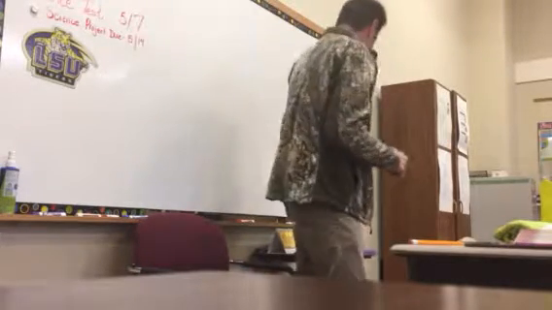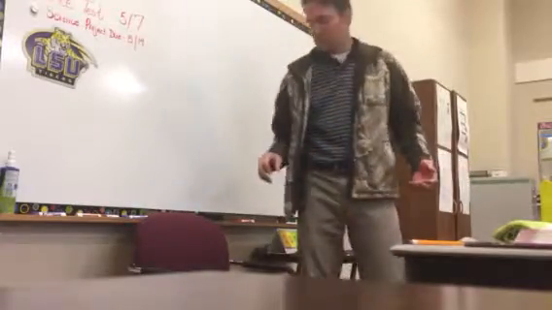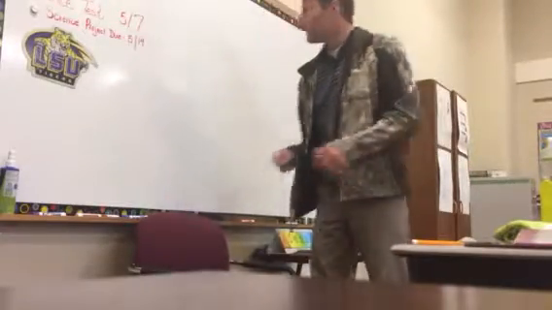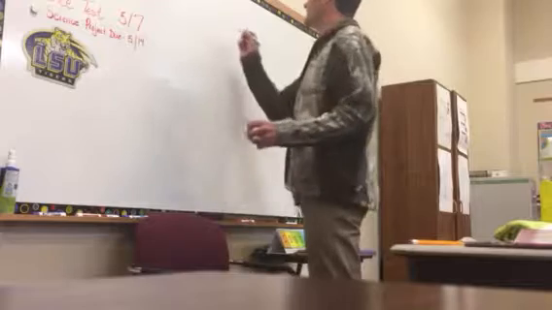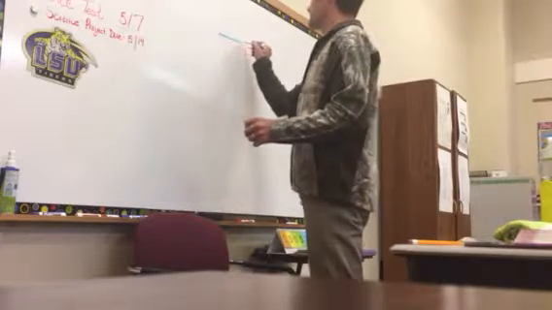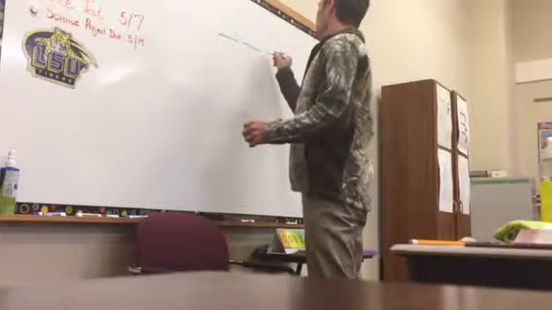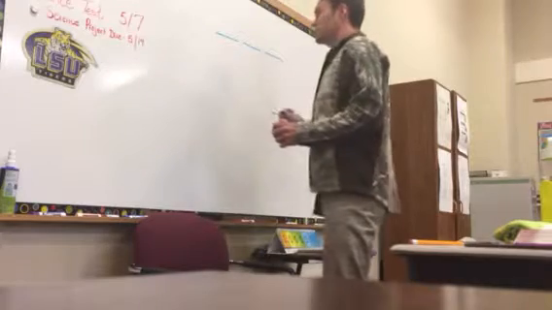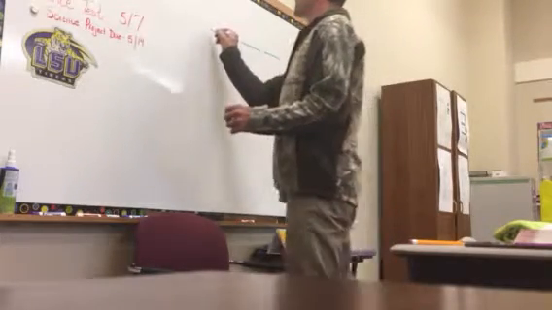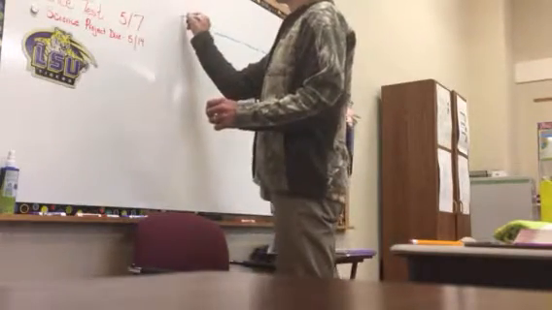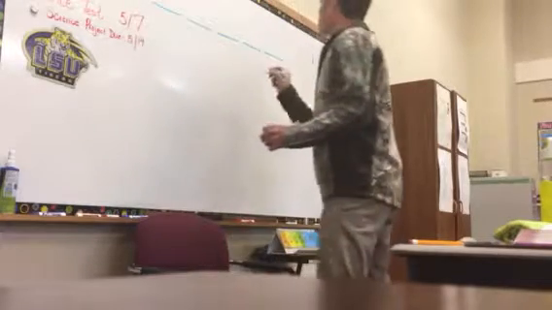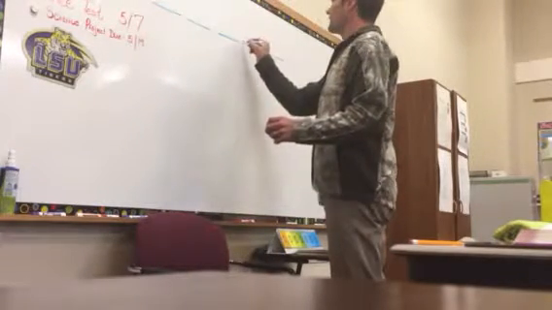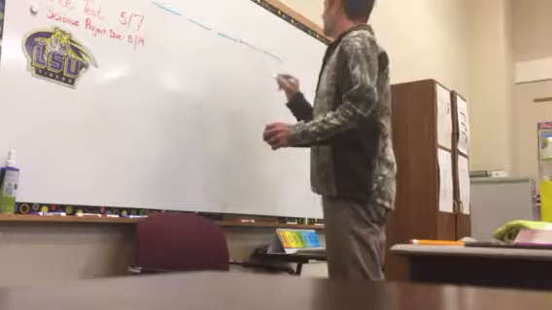Alright. We're going to be doing place values today. So it's just like we've done before. We've always done place value with things that come before the decimal point. Let's say we have a decimal point here.